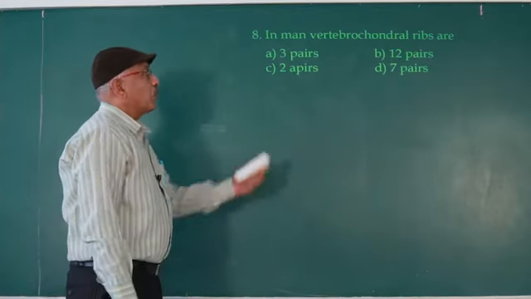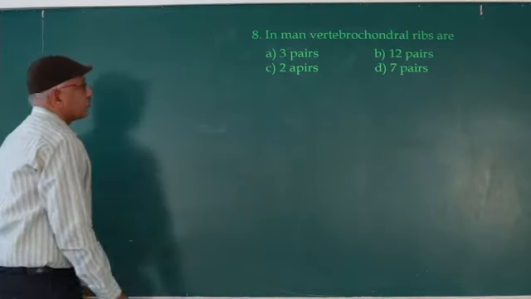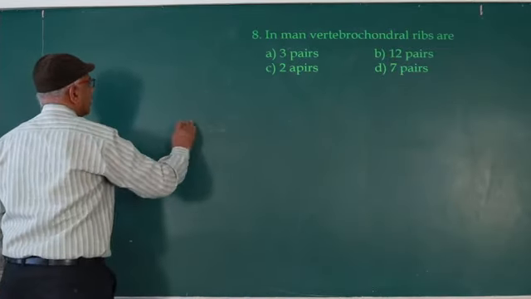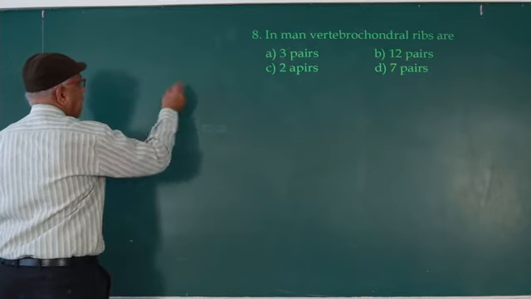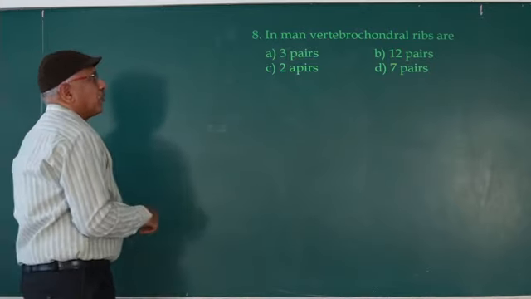In man, vertebrochondral ribs are? What is vertebrochondral?